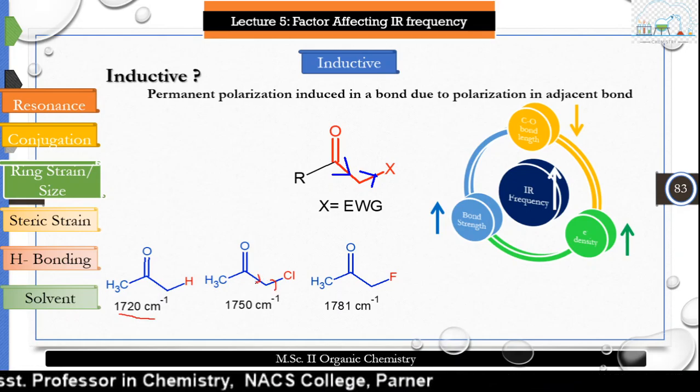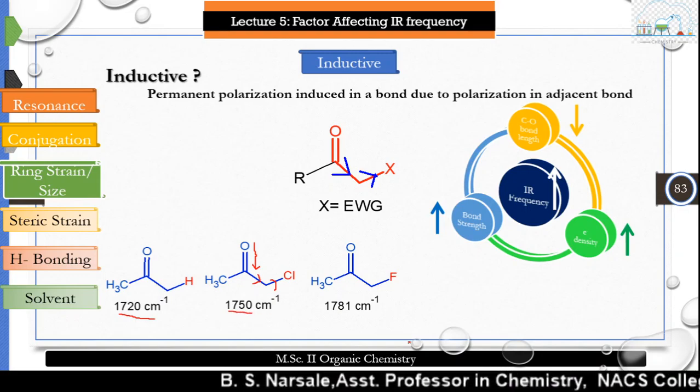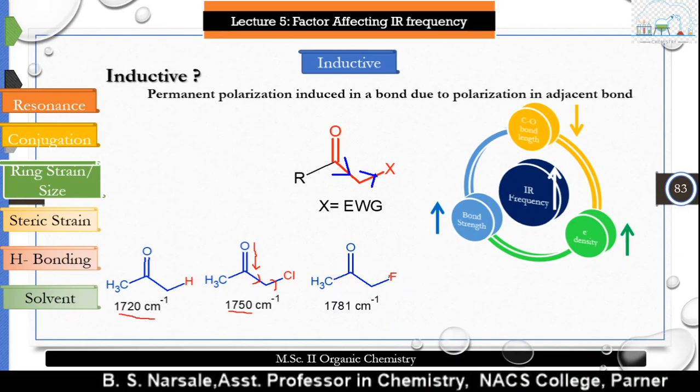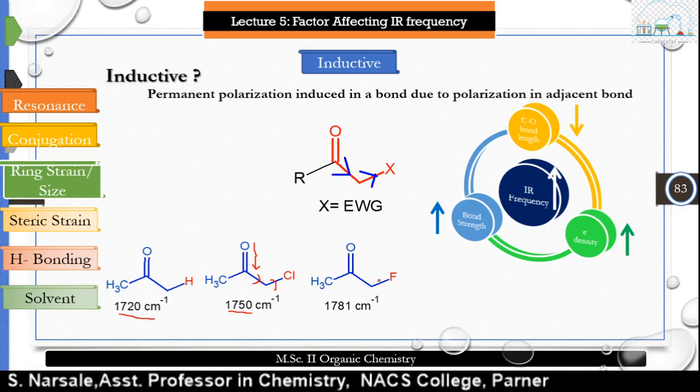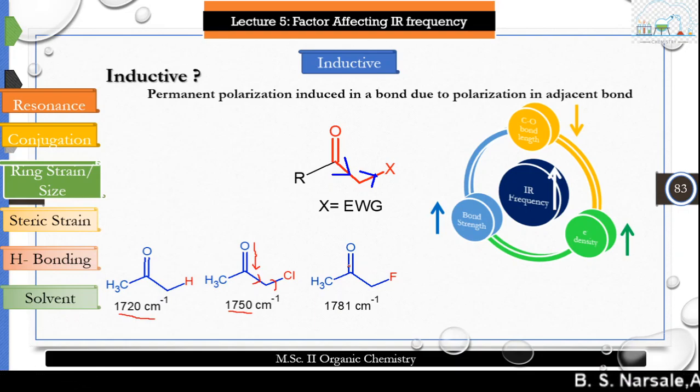As it pulls electron density towards itself, what happens? The IR stretching value increases to 1750. Similarly, if you have a more electronegative atom, that is fluorine, as compared to chlorine, the IR stretching will increase further for the carbonyl compound.